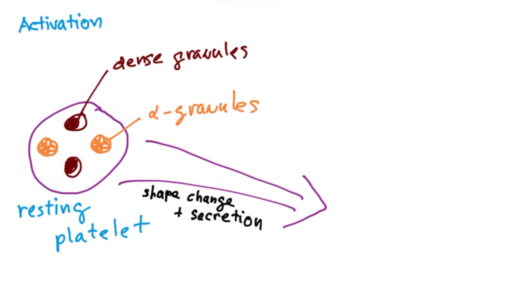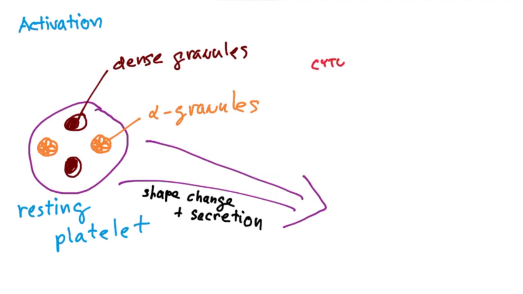And what is behind the platelet shape change? It's a dramatic change where a smooth, round platelet changes into a platelet with many spike-like pseudopods.